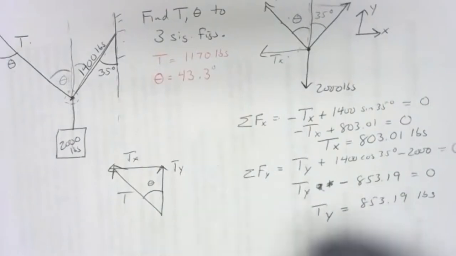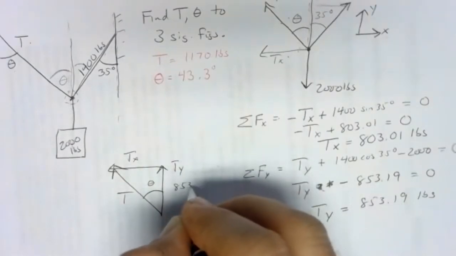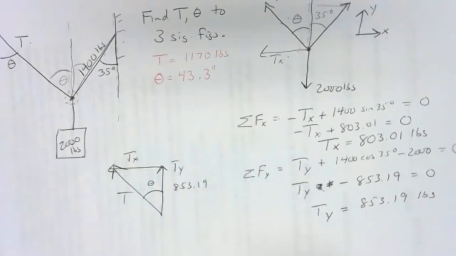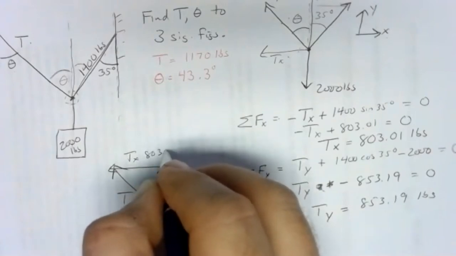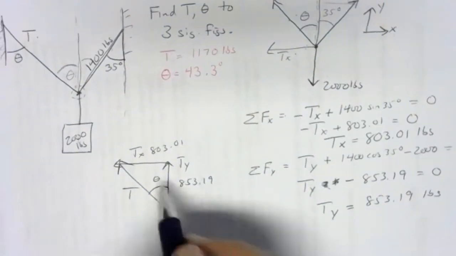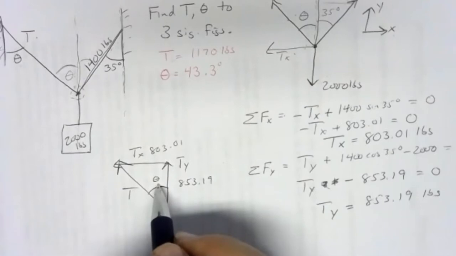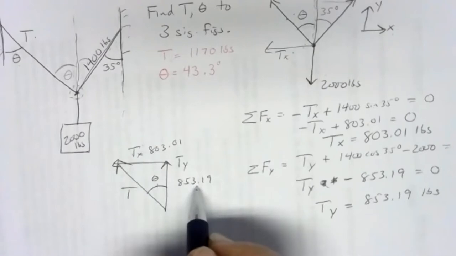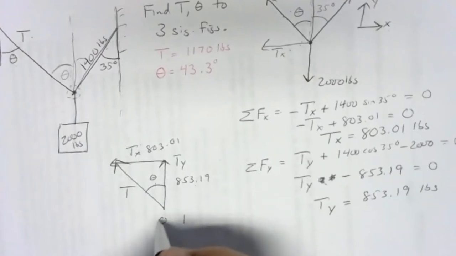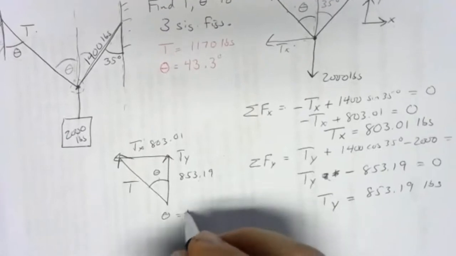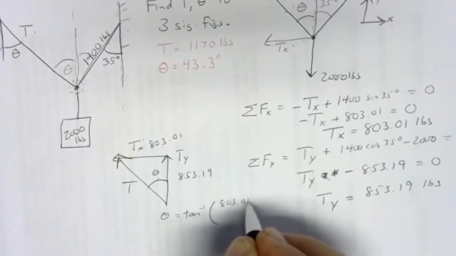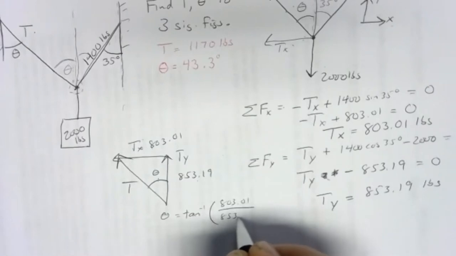Now Ty was 853.19 pounds, and Tx was 803.01 pounds. The angle is going to be given by inverse tangent of opposite over adjacent. So my angle is going to be the inverse tangent of opposite over adjacent. So 803.01 over 853.19.